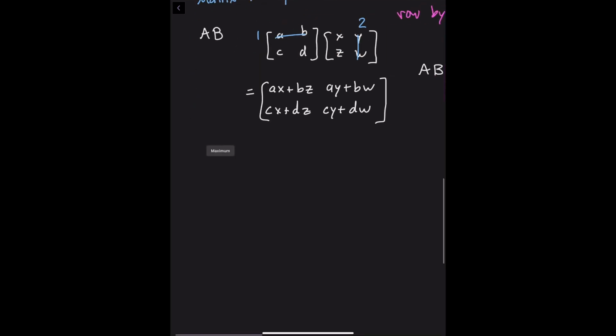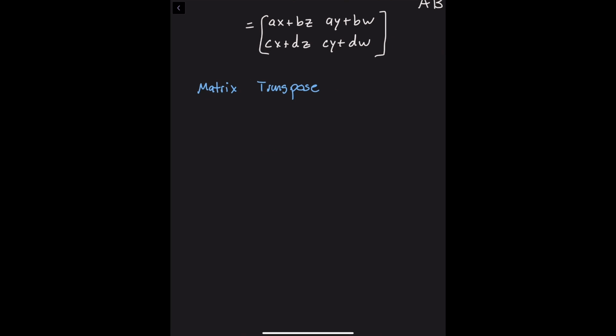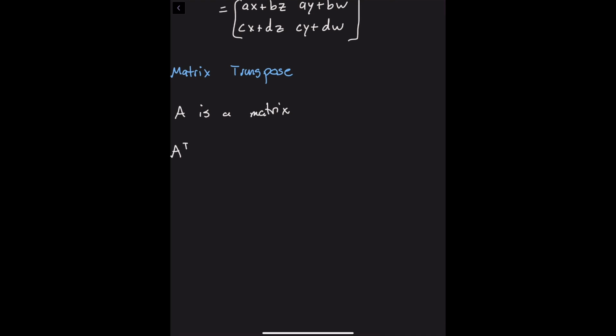So we can also have the matrix transpose. This is just a little thing where if we have matrix A, then A^T. So if we have A11, A12, A13, A21, A22, A23, A31, A32, A33.